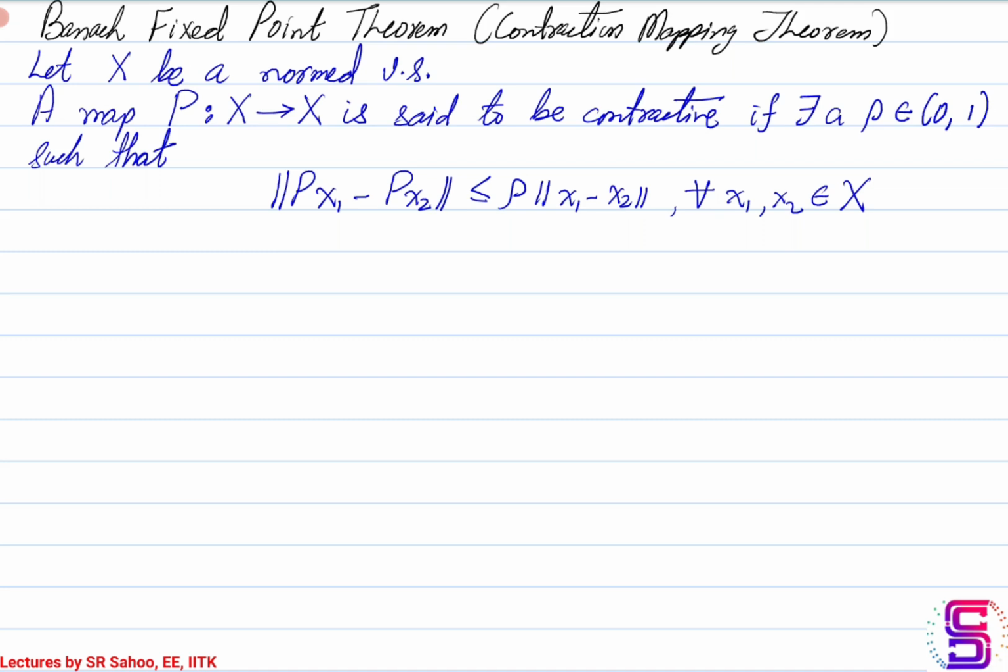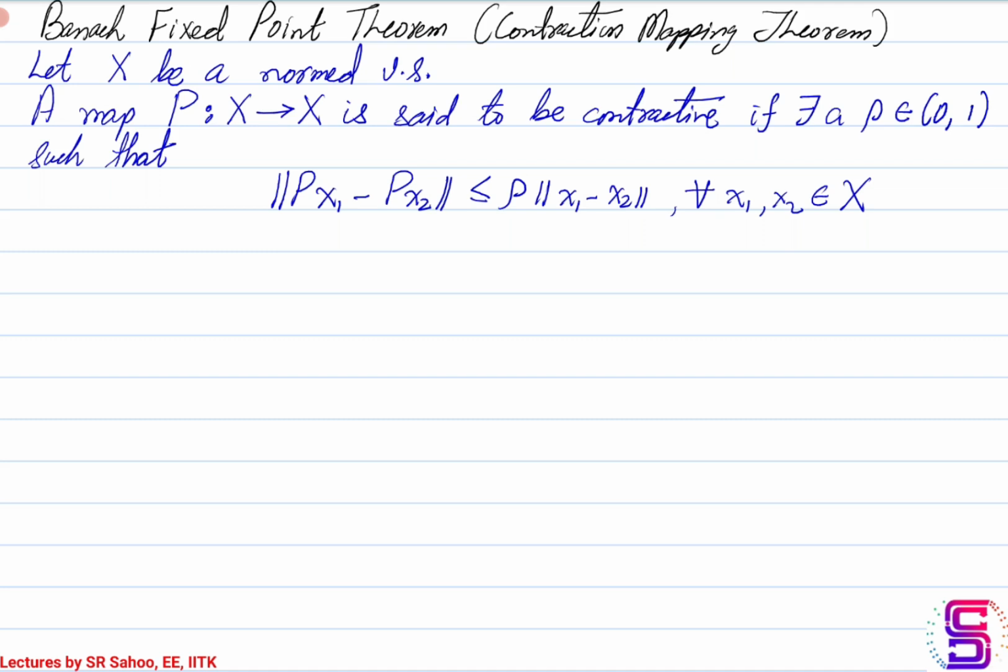Now Px1 and Px2 are the resulting vectors after the operation of P on x1 and x2, after x1 and x2 are mapped to their corresponding points under the map P. Now you take the norm of Px1 minus Px2, so you look into the distance between Px1 and Px2.